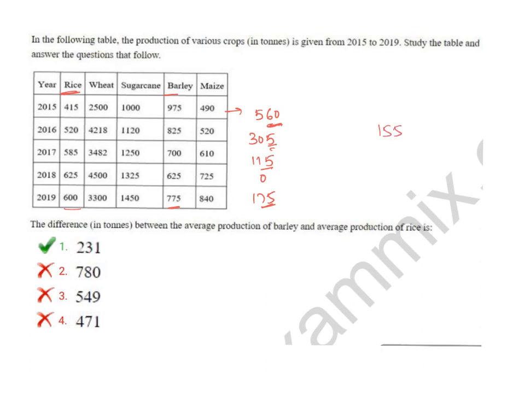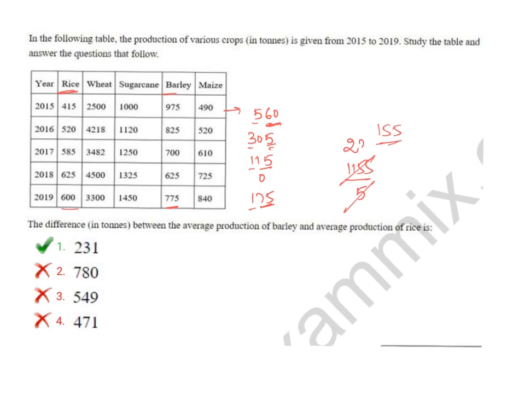Then after you have 500, 300, 1000, 1100. So 1155, because you know this is 1000, then 155. It is 1155 divided by 5, you do it. So it's 231. So he asks you the difference of the averages, but what we are doing is, first we are taking the differences, then we are finding the average of it. Both of them are the same.